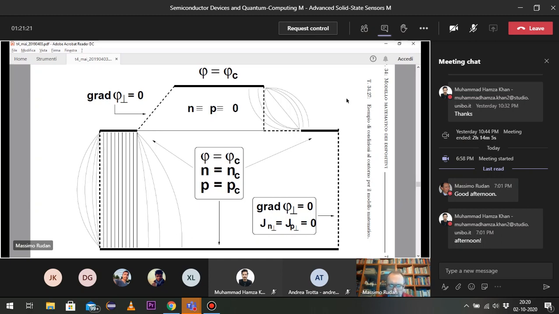The same analysis is possible along the dashed lines that describe the boundaries of the silicon region, okay?